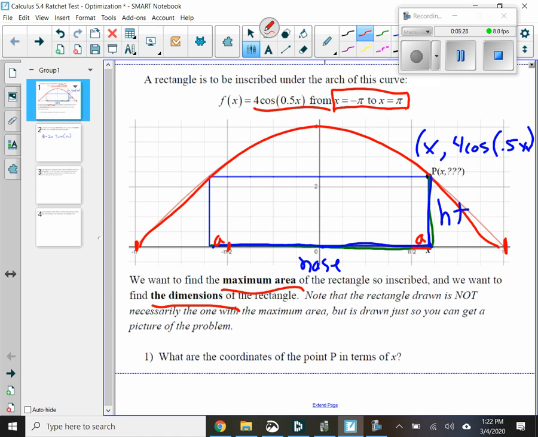So you said A plus pi over 2 was the x value, and then you took that and put it in right there for x.